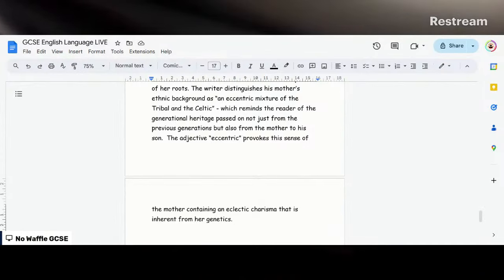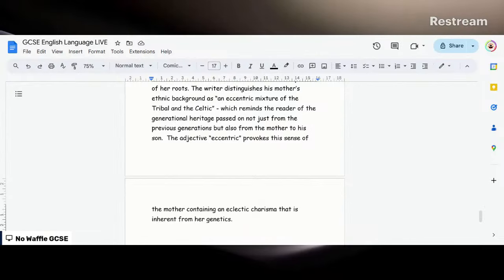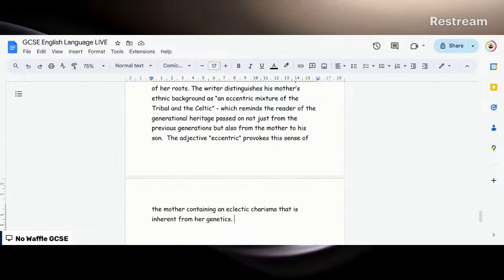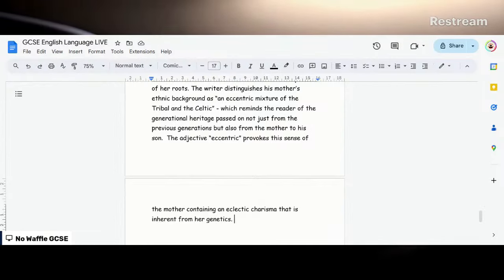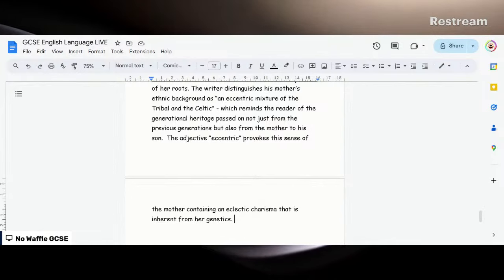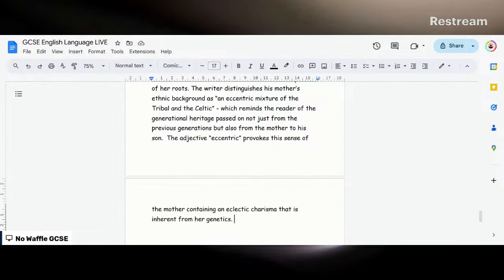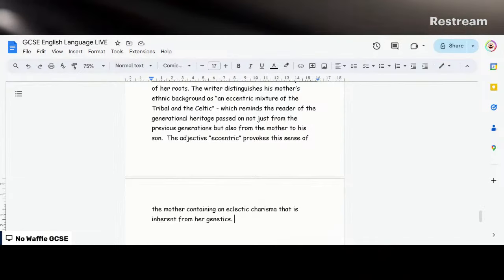This is fiction. So remember, paper 1 is fiction, paper 2 is non-fiction. Okay, so the mother containing an eclectic charisma that's inherent from her genetics. Okay, so hopefully you guys are getting a lot of ideas about things that you can mention, how you should go about answering your questions.